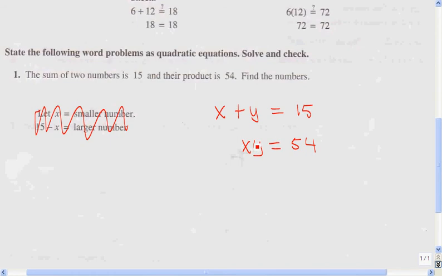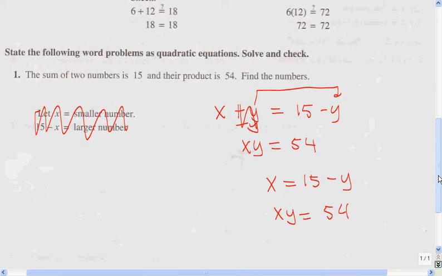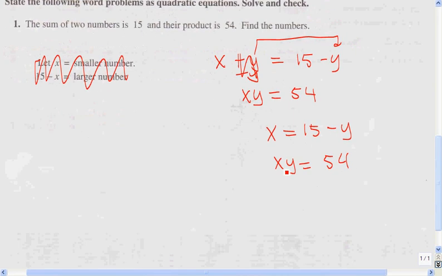All right, now we're going to use one equation to solve the other equation. So here, I'm going to move the y over here, and subtract y from both sides. And what I get is x equals 15 minus y, and xy equals 54. So wherever I see x, I'm going to plug this in.